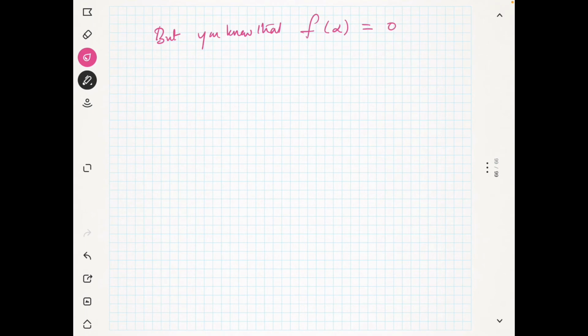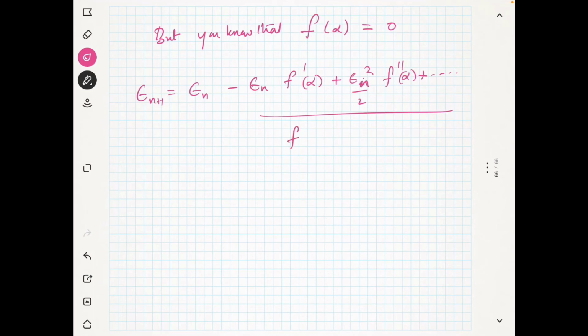So you can actually write epsilon of n plus 1 is equal to epsilon of n minus, simplifying this, epsilon n square by 2 into f double dash of alpha plus so on, divided by f dash of alpha plus epsilon n into f double dash of alpha plus so on. Okay, so it will go like this.